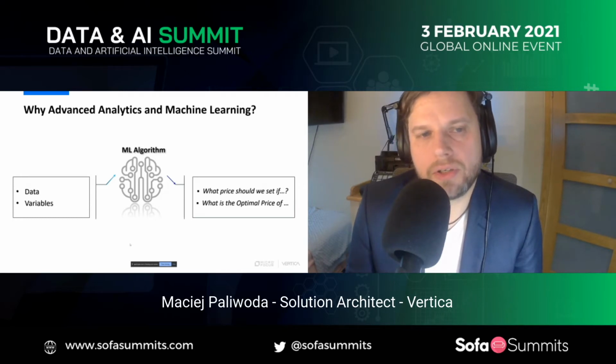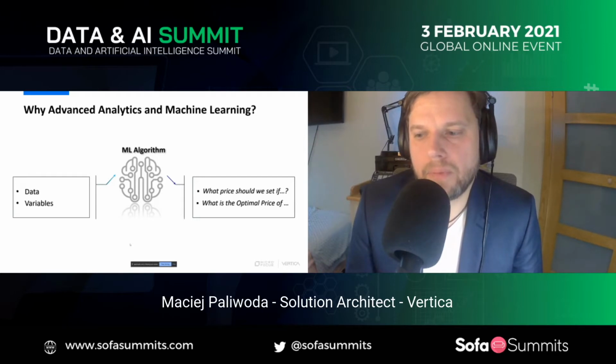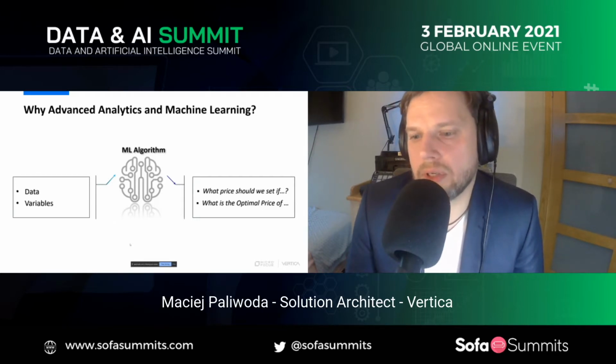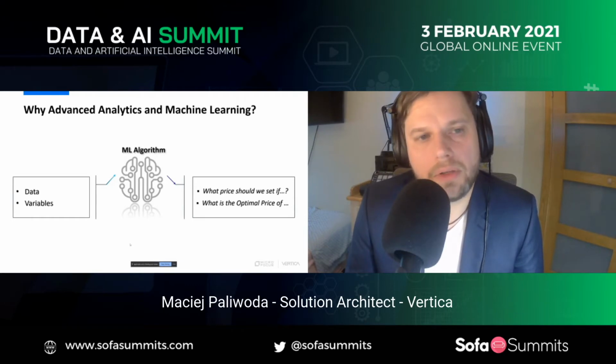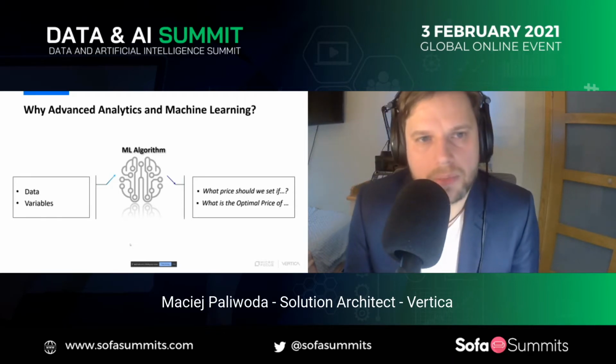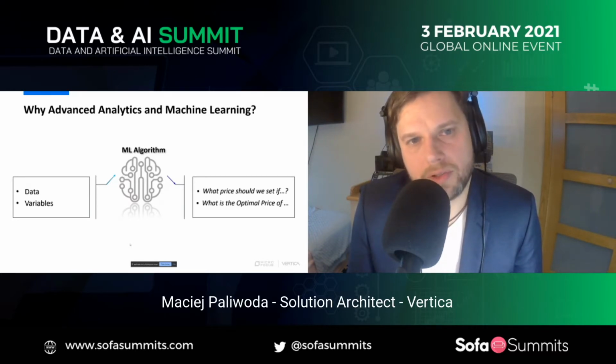For such problems, machine learning and advanced analytics come in handy. The whole process can be done in a relatively short time, taking into account a huge amount of data and variables, sometimes, as I mentioned, even a couple of thousand, and can estimate the price with a certain probability.